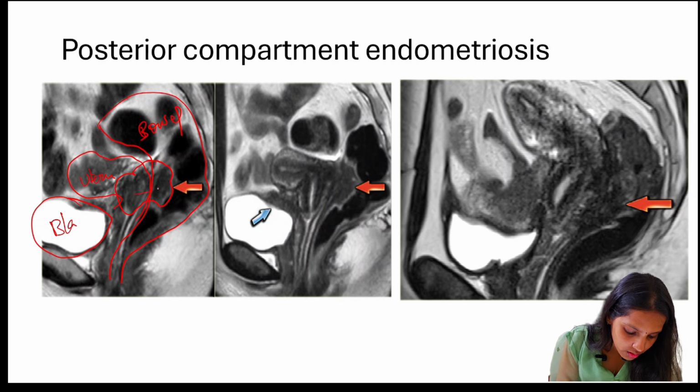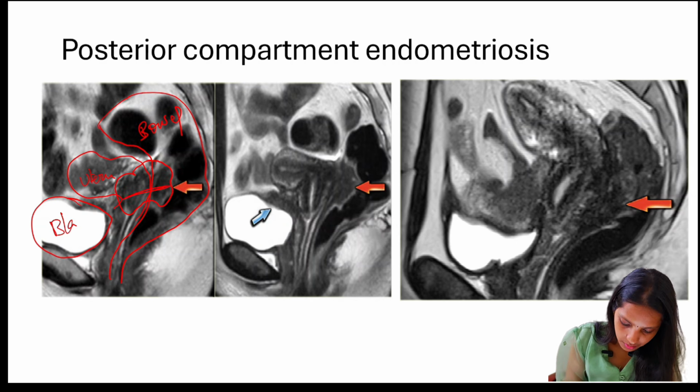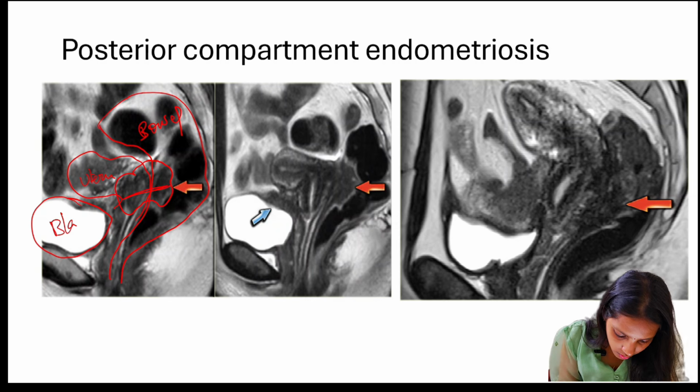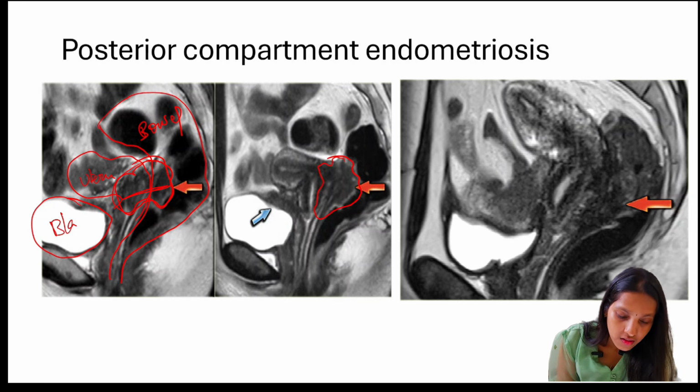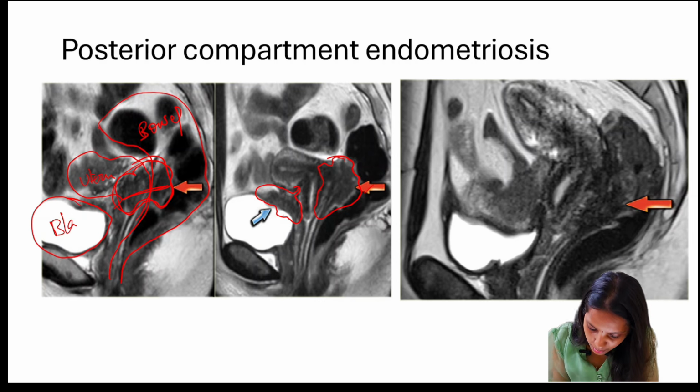So this forms the bowel endometriosis. Here in this image, we can see there is loss of regularity between the uterus and the anterior surface of the bowel, showing irregularity. And in this image, we can even see that the bladder with the detrusor muscle is also being involved.